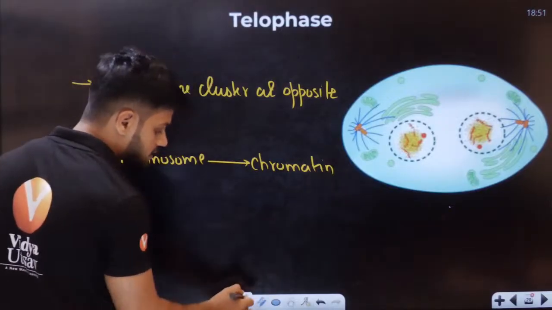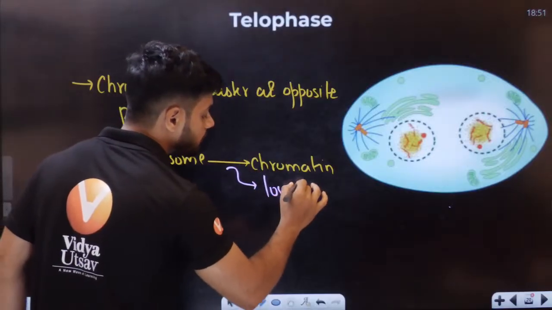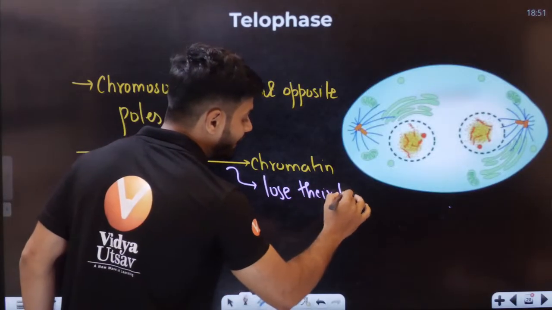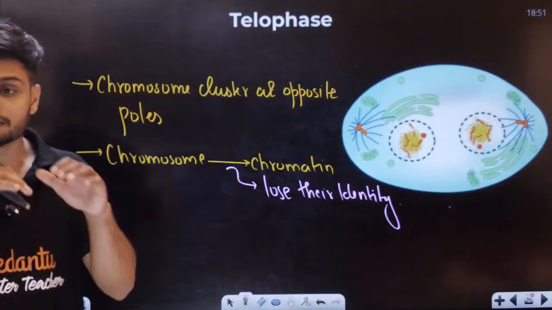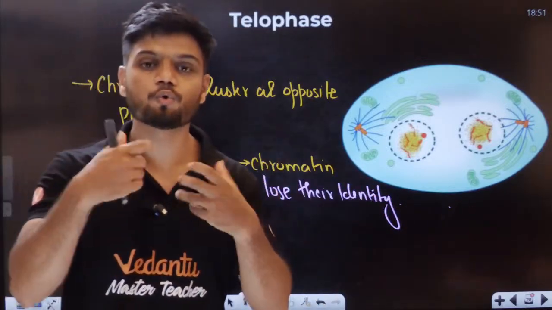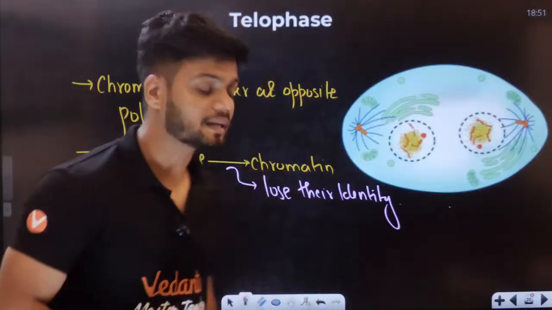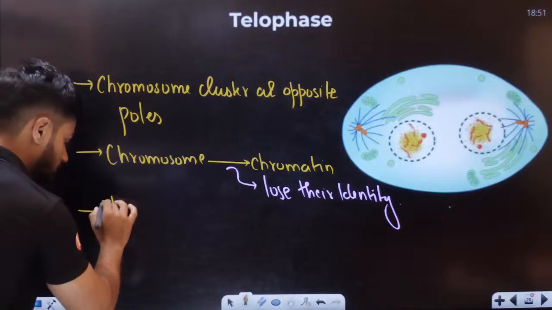Now, in this process, they will lose their identity, because the entire shape is going away now. They're becoming chromatin again. They're losing their identity right now, students. And everything is reappearing.